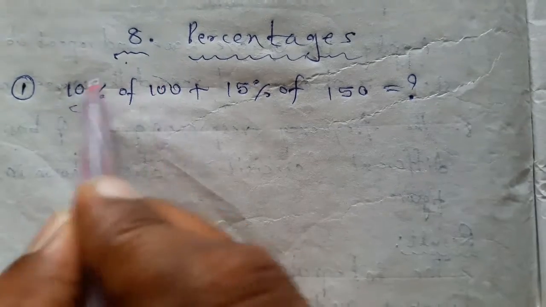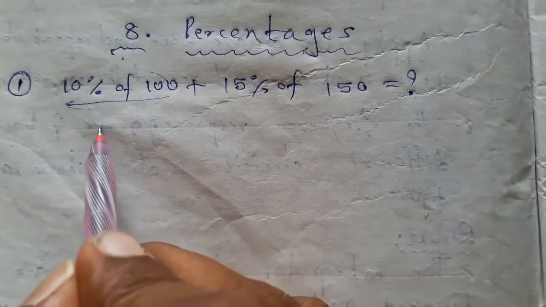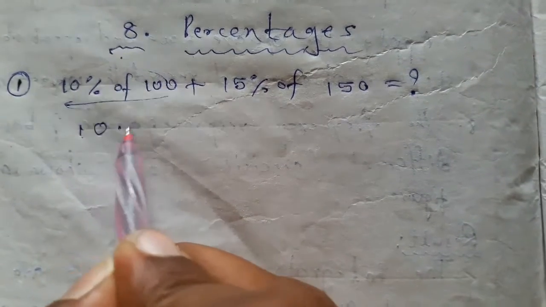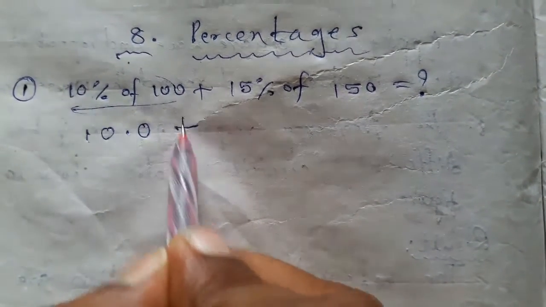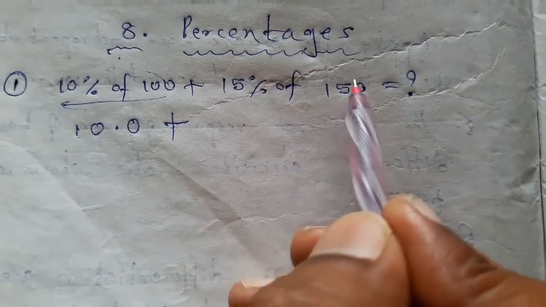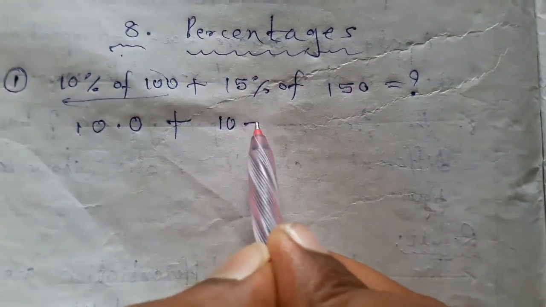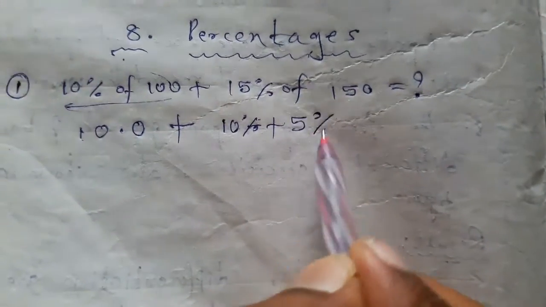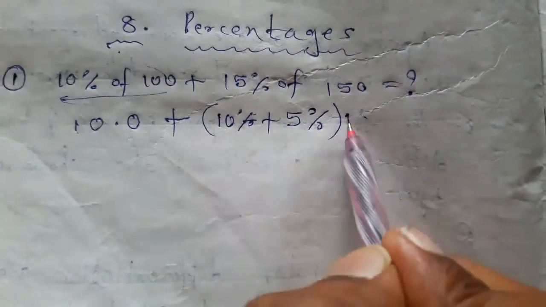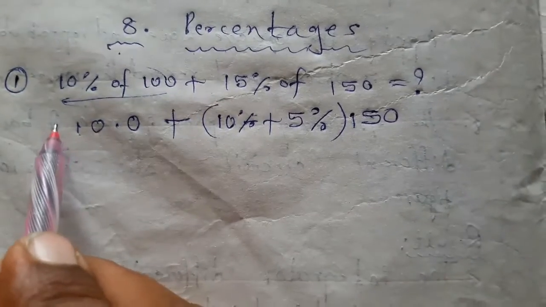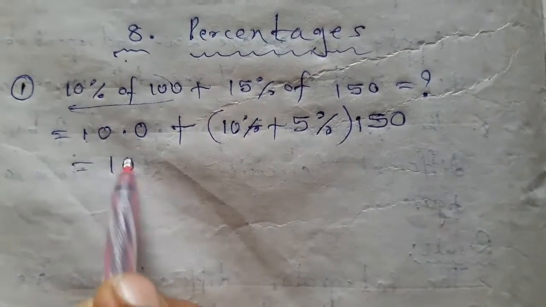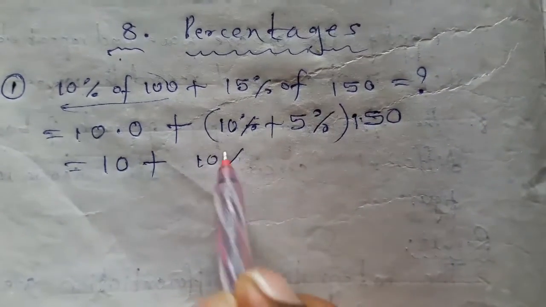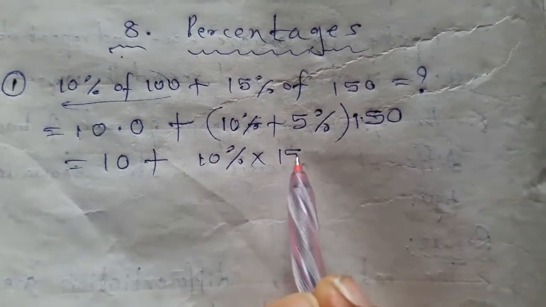Say 10% of 100. So 10% of 100 means 10.0, plus 15% of 150. I am splitting 15% like this: 10% plus 5%, into 150.